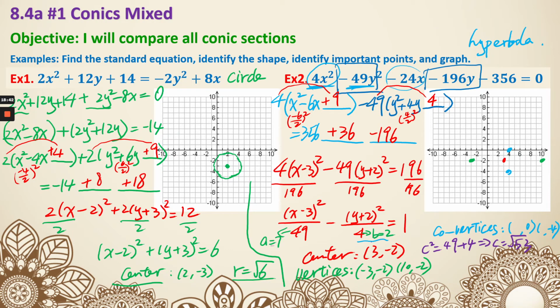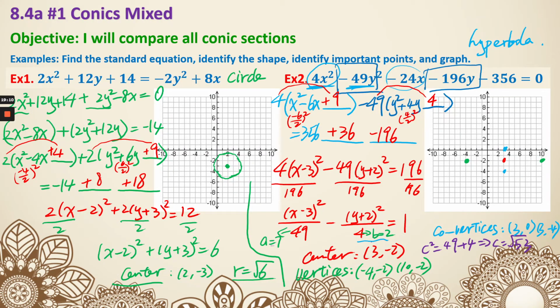I will change my co-vertices to be 3, 0, and 3, negative 4. And counting to the right by 7 is still going to give a 10. But counting to the left, the point's wrong, it should be at negative 4, negative 2. So this should be a negative 4.